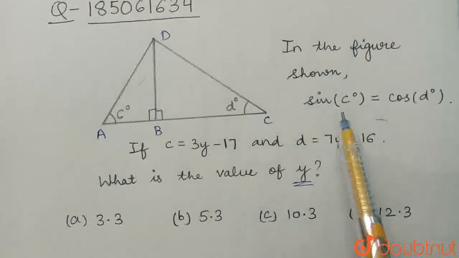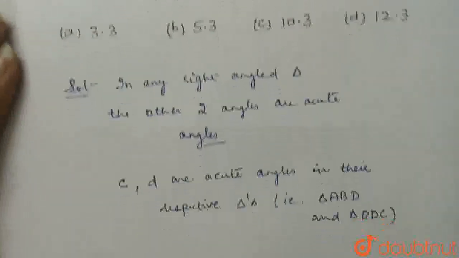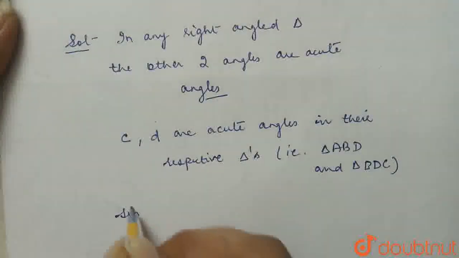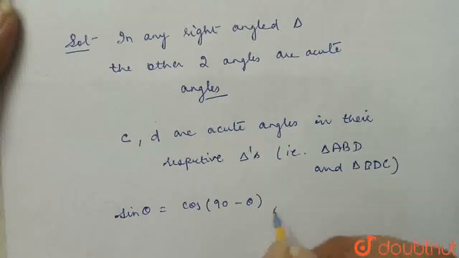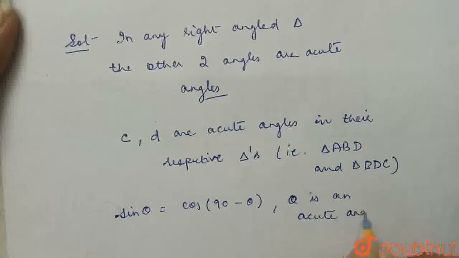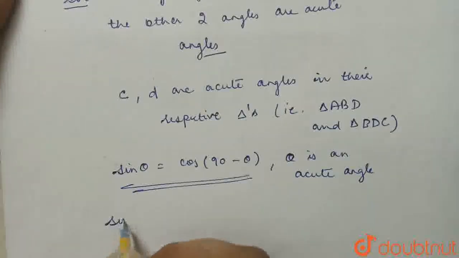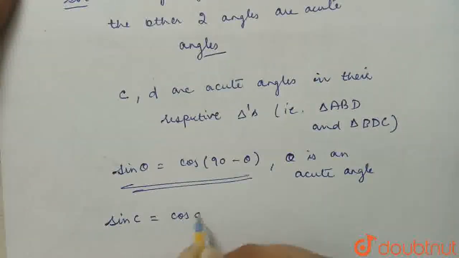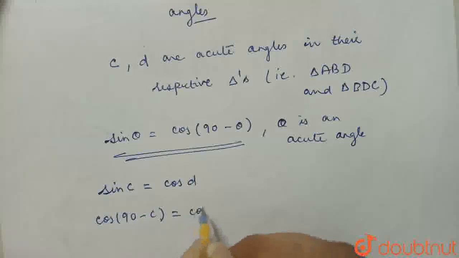So now for the acute angles, we know the property that sine theta is equal to cos 90 minus theta, where theta is an acute angle. So this property we know, and we are given the condition that sine C is equal to cos D. So sine C can be written as cos 90 minus C, which is equal to cos D according to this condition.